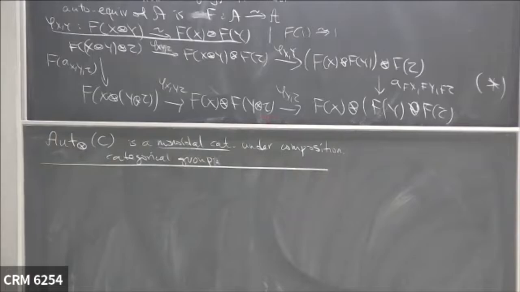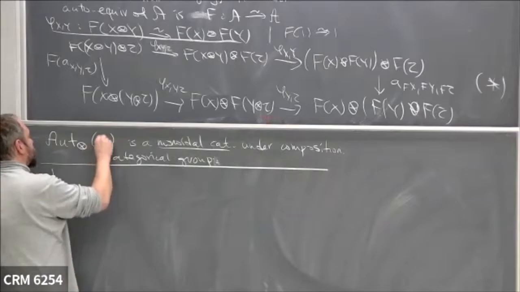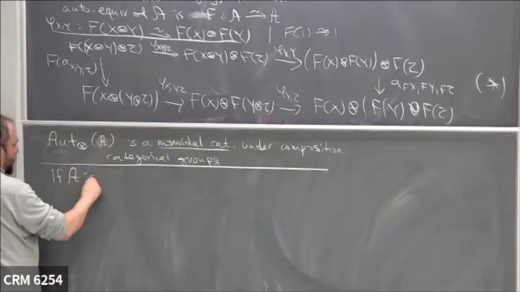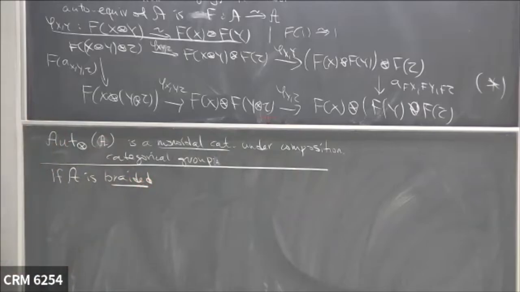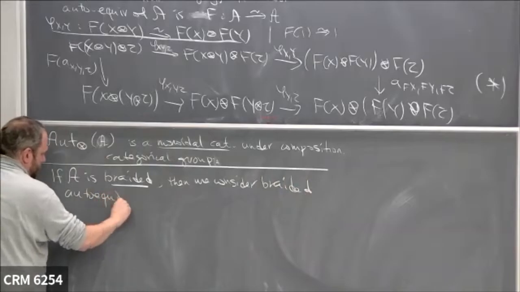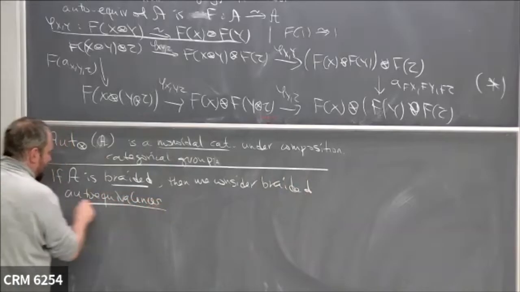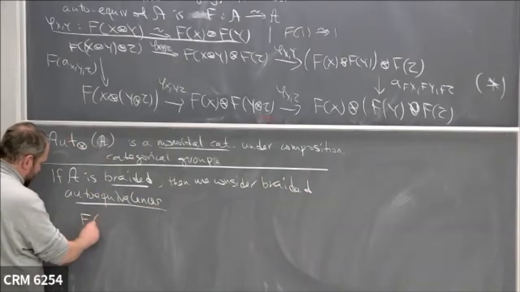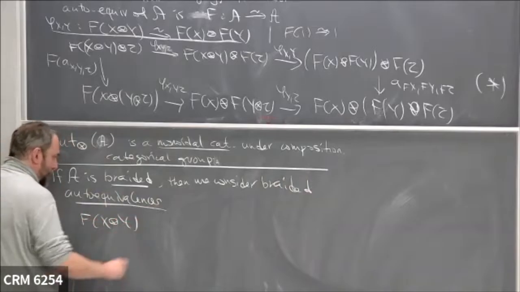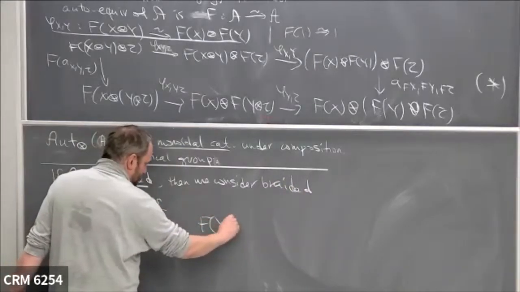Now, I'm sorry, I called it A. All right. So if A is braided, in addition, then we consider braided autoequivalences. These will be autoequivalences with an additional property. They have to be compatible with the braiding. So let us try to express what property they should satisfy. Such an equivalence should behave well with respect to the braiding, right?